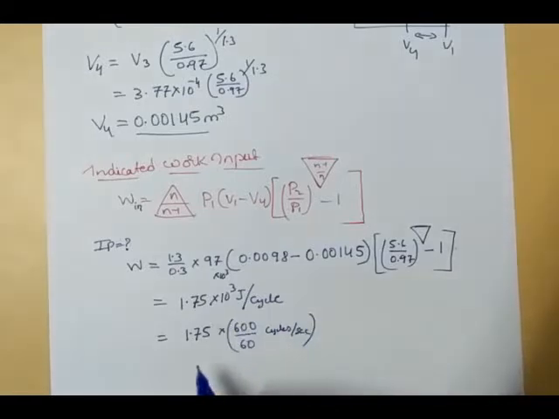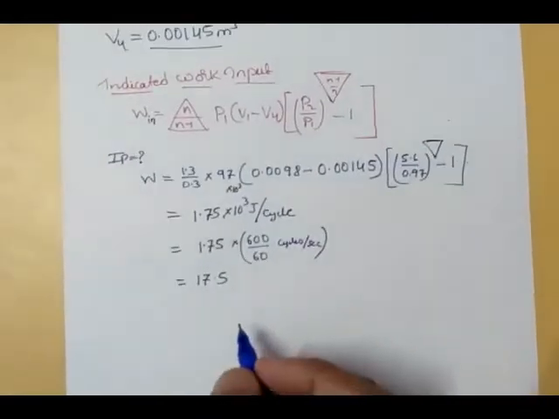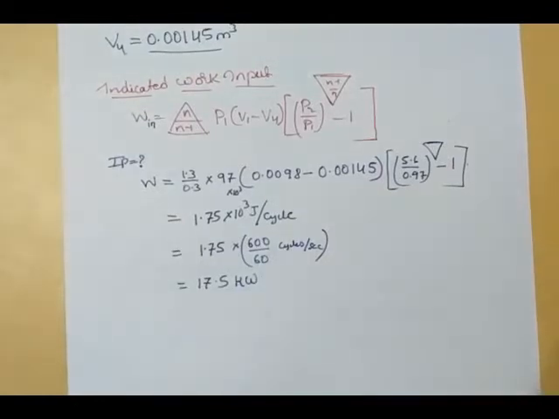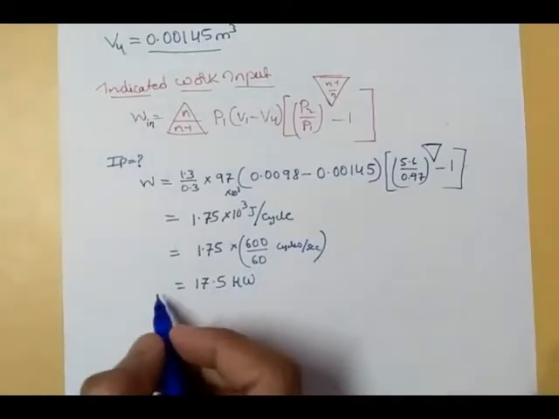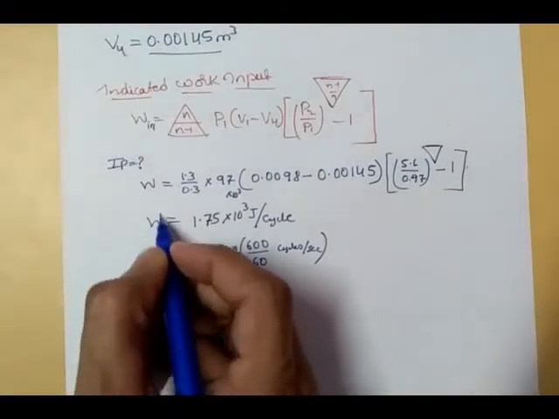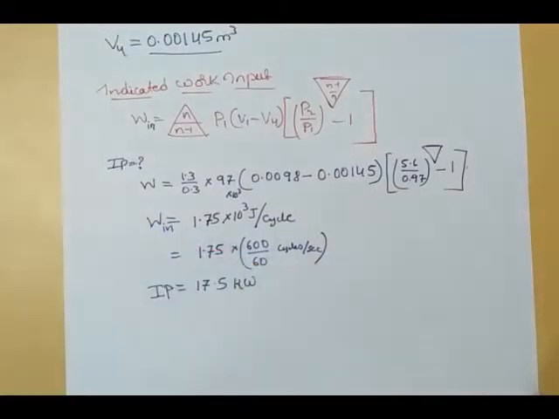That's why we will be able to get this as 17.5 kilowatt, that is indicated power. This is indicated work.